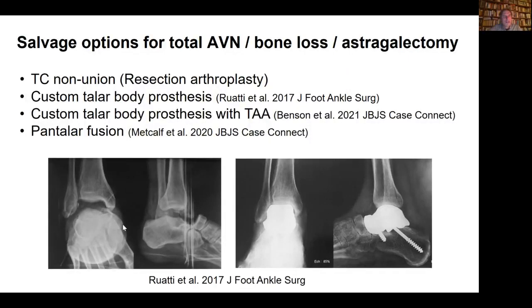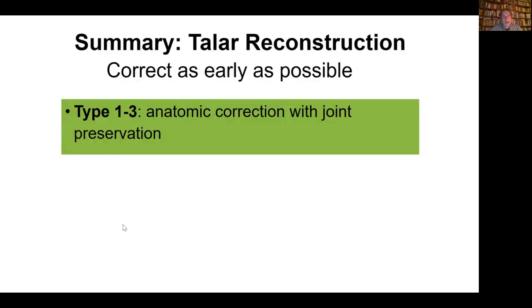Sometimes you can leave the PMA spacer in younger patients and patients with a bit more of functional demands. Custom talar body prosthesis can be put in, like in that example, or talar body prosthesis that's combined with the total ankle. I personally don't have much experience with this variant. Of course, pan-talar fusion is the last exit and leads to a very stiff foot, almost like a wooden leg.